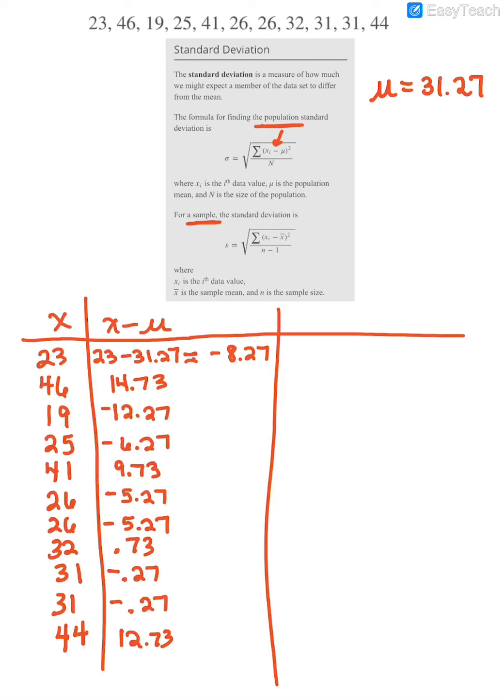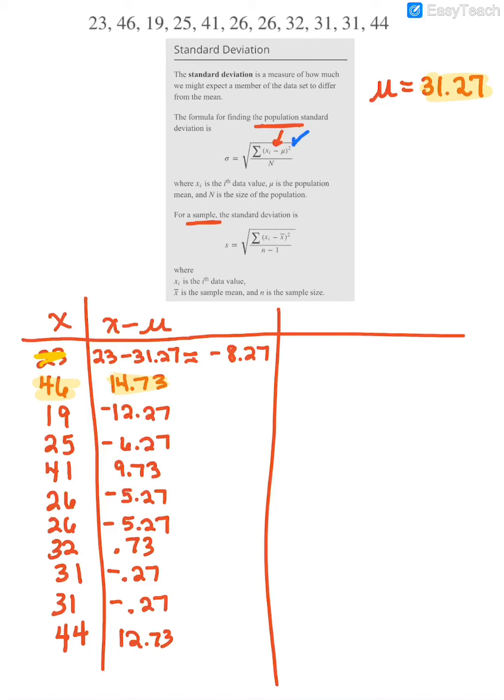Okay, so in each case I took the x value from the list and subtracted my average, which was 31.27, and that left me with the difference. Then in the next column, we're going to square that difference.